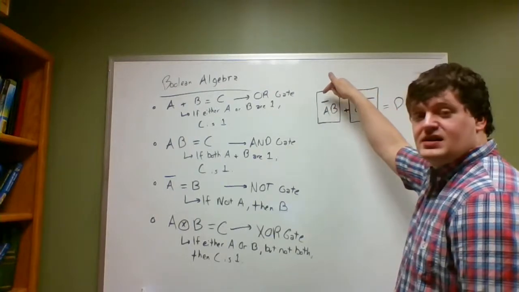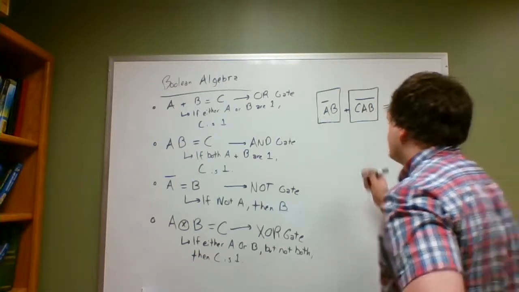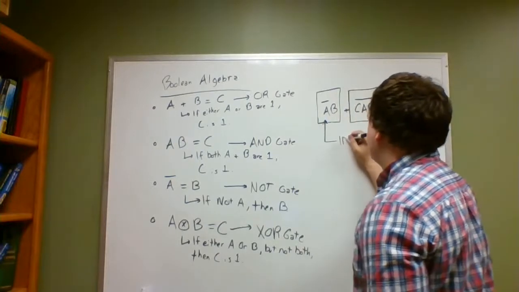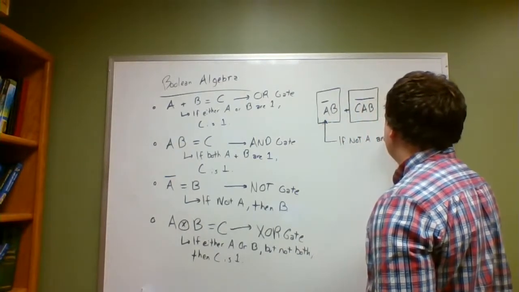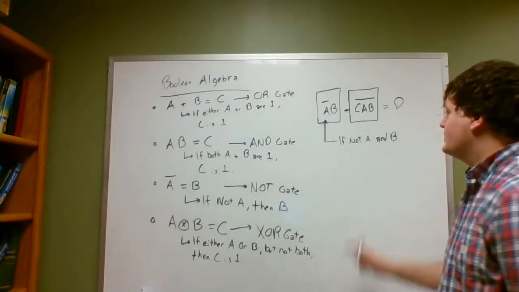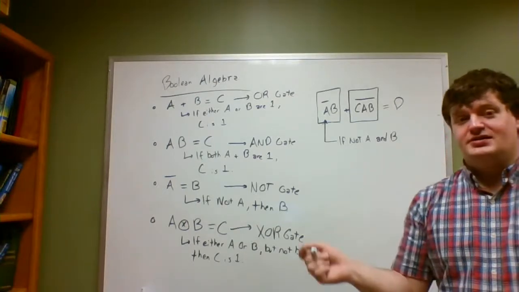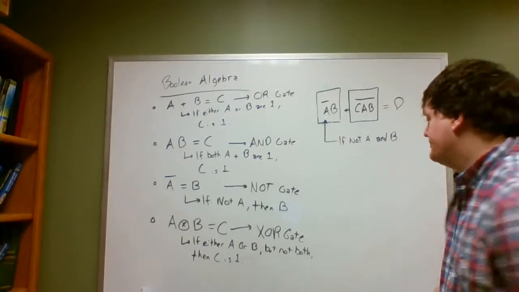Here the not sign only goes over the top of the A. So this statement, if we were to write it out, is if not A and B. If A is not on and B is on, this creates a true statement.